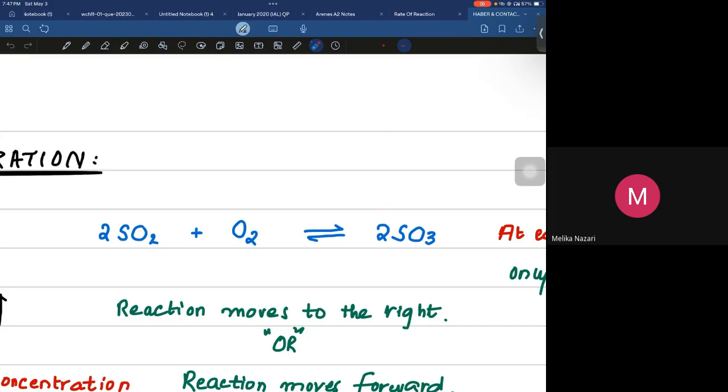It would move forward because the product is at a lower potential, and the reactant is at a higher potential. So the reaction moves forward. Forward means left to right and backward means right to left. Is that clear? Yes.